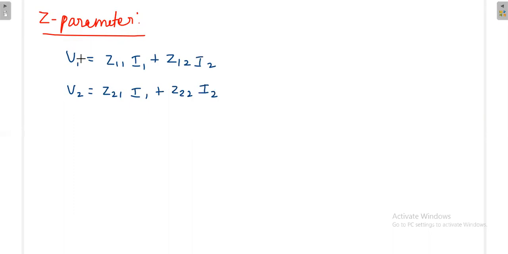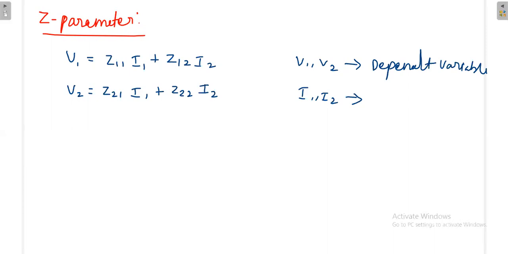Here V1, V2 are dependent variables, because V1 depends on I1 and I2, whereas I1 and I2 are independent variables. Independent variable in the sense that it is not in your control, but it will decide your output.